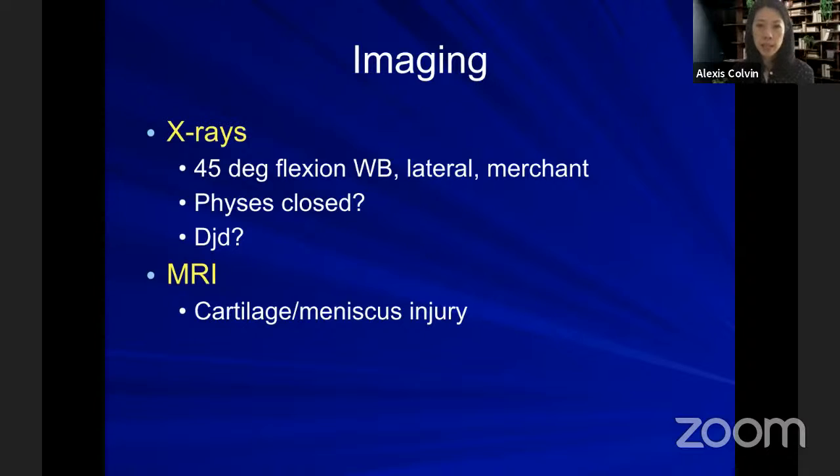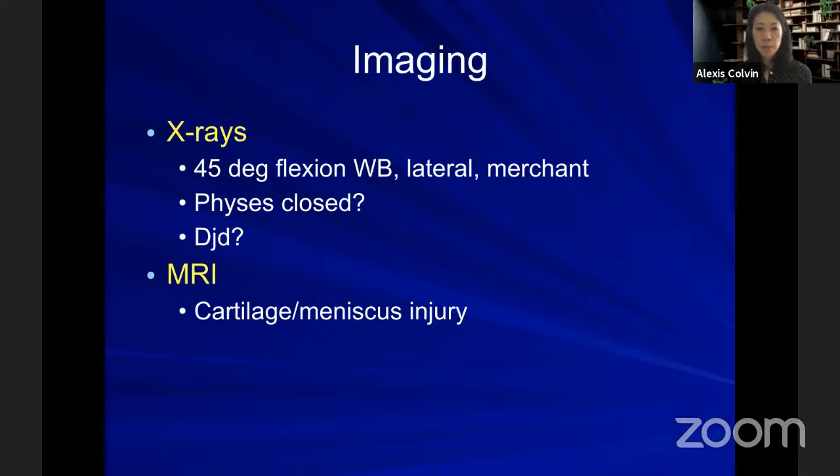Even though an ACL is a soft tissue structure, there actually are x-ray signs of an ACL injury, because sometimes a little piece of bone will get pulled off when the ACL is torn. You can see it, not from the ACL itself, but from another structure, and you can see that little fleck of bone on the x-ray.